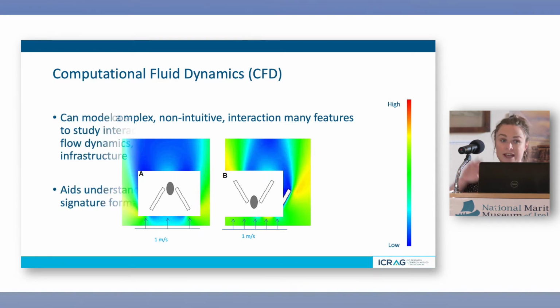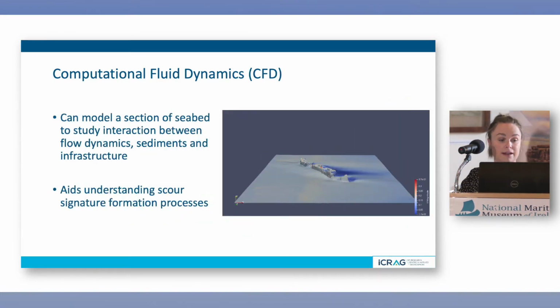So taking this concept a little further, what we're looking at here is how we can use this modeling method, how we can use this analysis procedure to help us de-risk installations of offshore infrastructure.